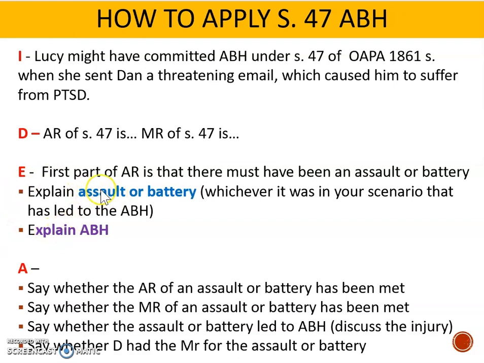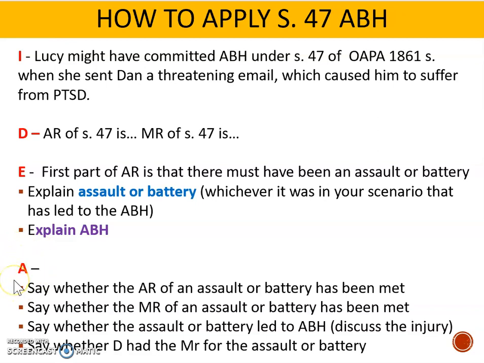So I'd be explaining what assault is, and then I'd explain ABH. If, however, the scenario was Lucy had punched Anne in the face and left a very small bruise, in that case I would be saying the first part is there must be an assault or battery, I'd explain battery, and then I'd explain ABH. And then the final stage is A, which stands for apply.